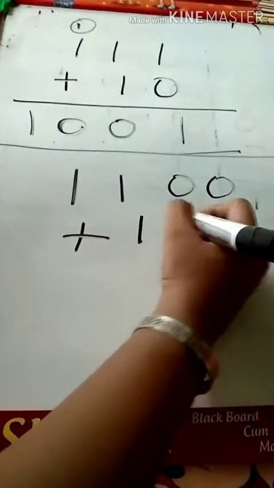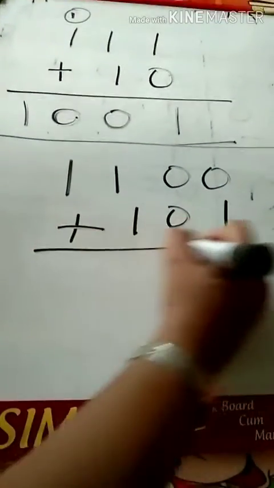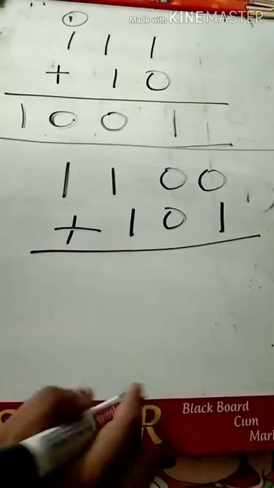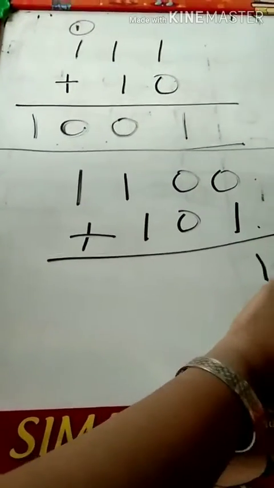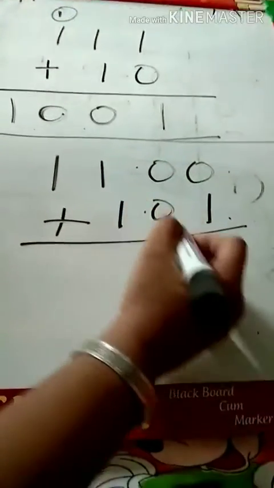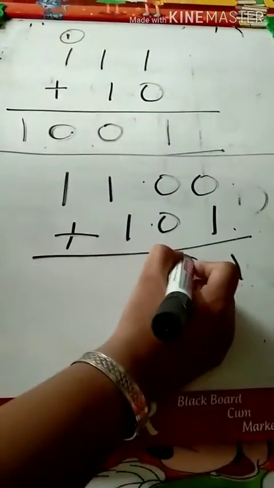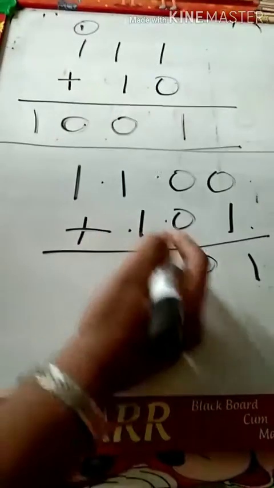Now here I can take another example: how can we calculate 1100 plus 101? 0 plus 1 is equal to 1, carry 0. 0 plus 0 is equal to 0, carry 0. 1 plus 1 is equal to 0 and the carry is 1.